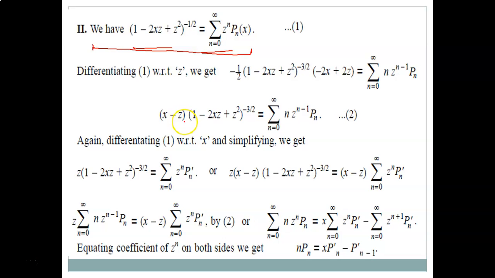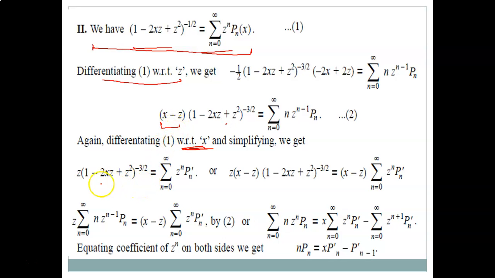Fine. So again we differentiate it, first we have differentiated with respect to z, now we are differentiating with respect to x, the same expression. So differentiation of the first function with respect to x gives you one here, first function derivative of second, then second plus derivative of first, like that.